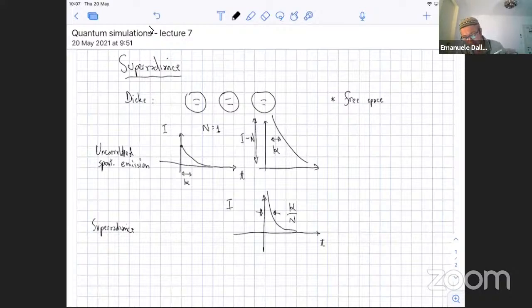If before we had an intensity that went like n, now we will have an intensity that goes like n squared. The total amount of energy that is emitted is the same, because we have all these atoms that go from the excited state to the ground state. It's just that this effect happens much faster. So the intensity of light is much larger, n squared, and the decay time is 1/n. This is known as Dicke superradiance, and it was introduced by Dicke himself.